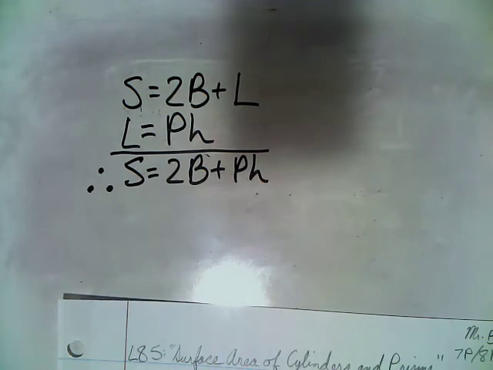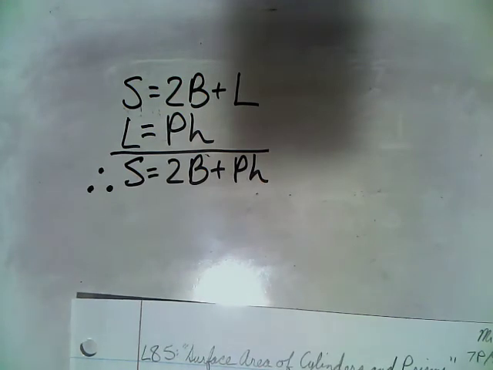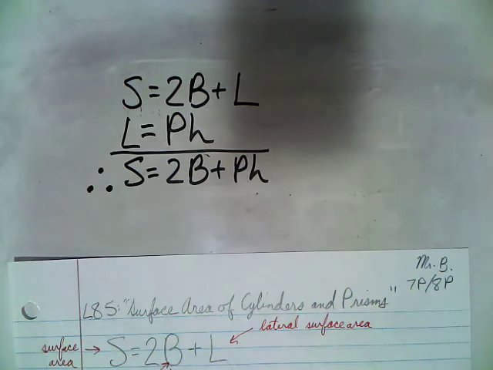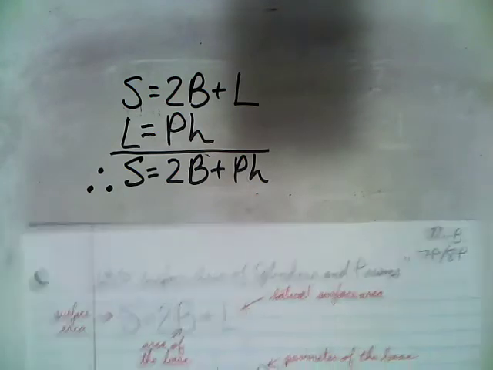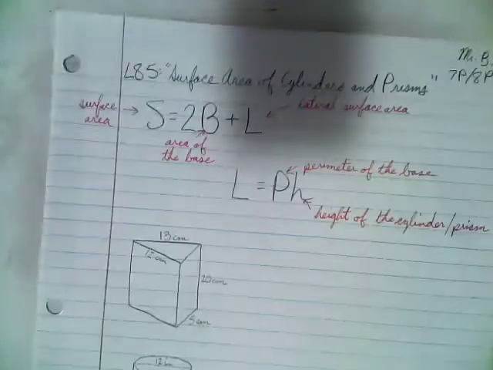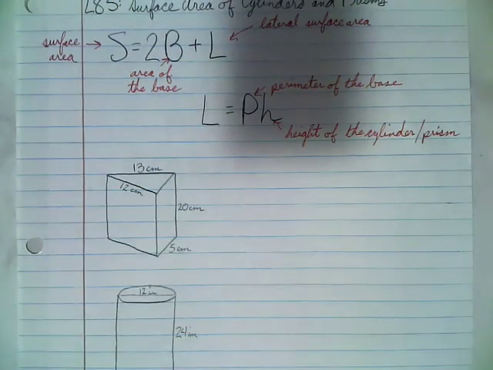That would be another formula for the surface area of a cylinder or a prism. Now I'm not going to do that here in the notes. However, I would be perfectly okay with you doing it yourself on the homework if you feel up to it. So back to the notes.